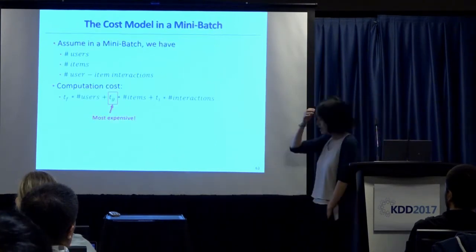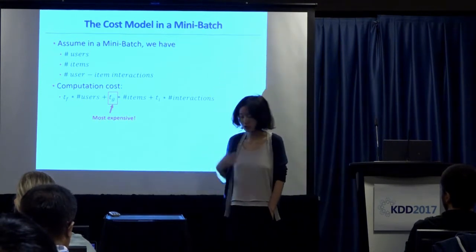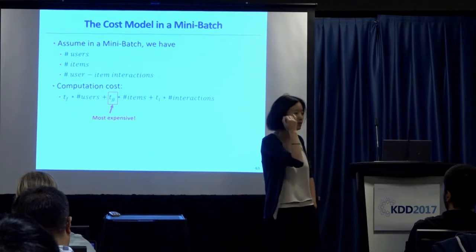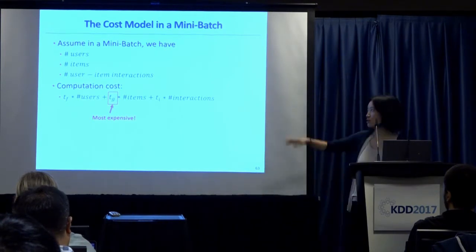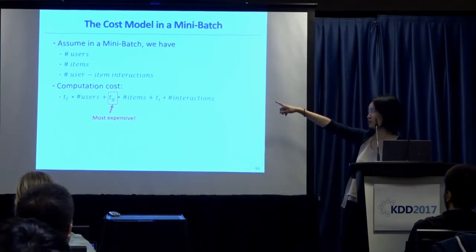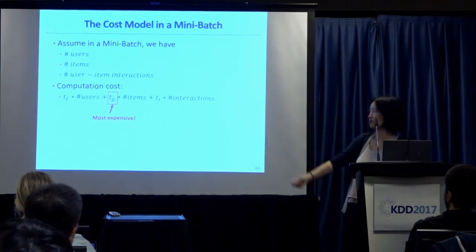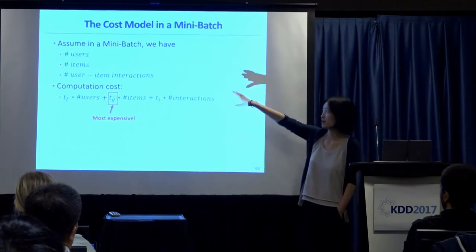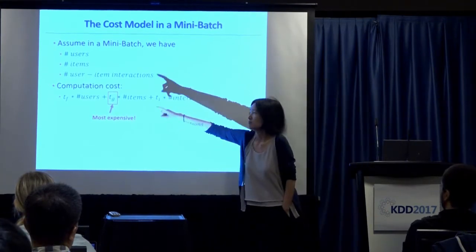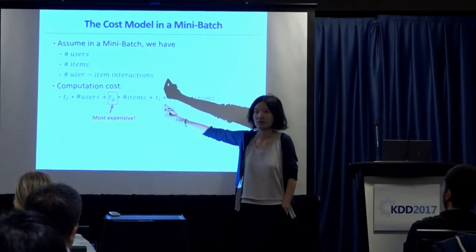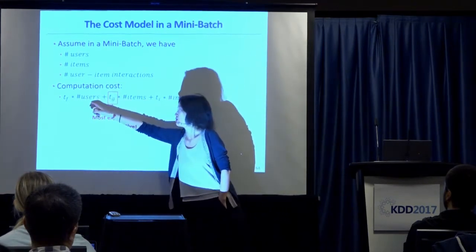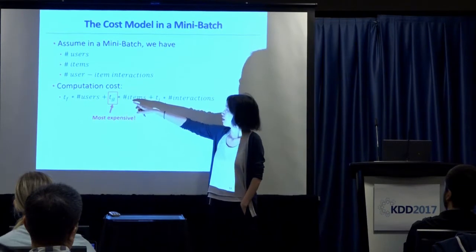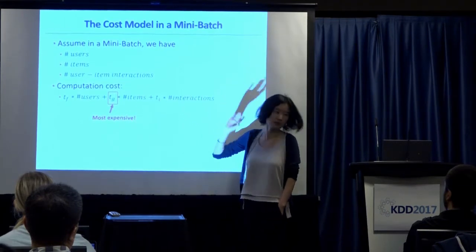If you look at the traditional way to do the learning, essentially we design a mini batch, and for the mini batch, suppose we have a number of users, a number of items, and a number of interactions between users and items. The computational cost for that mini batch is the cost per user times the number of users, plus the cost per item times the number of items, and so on.